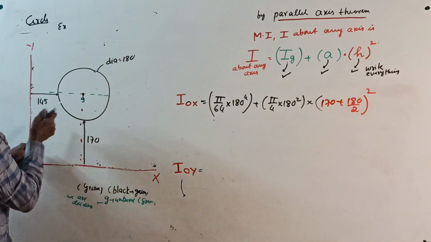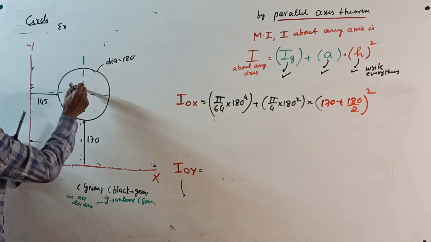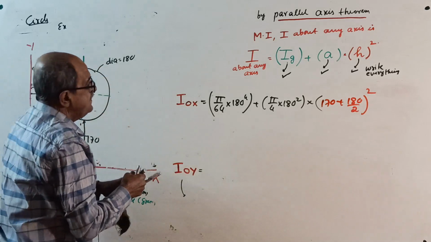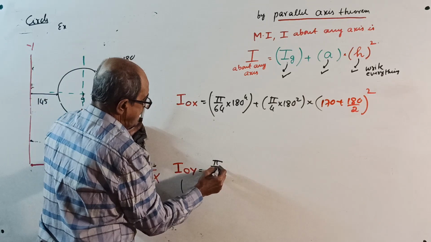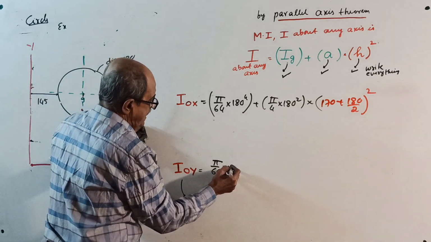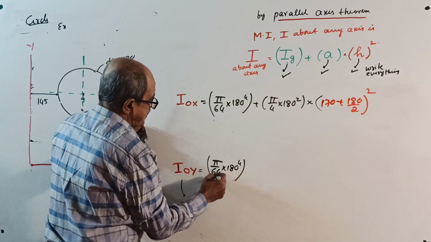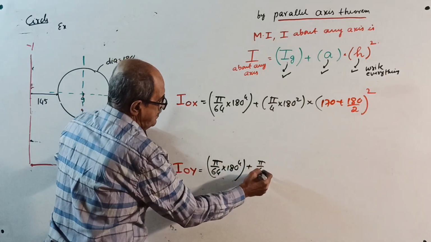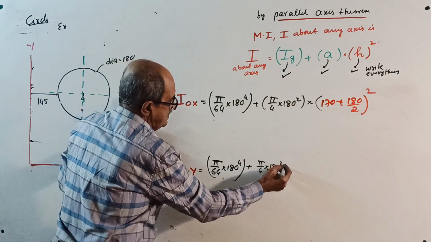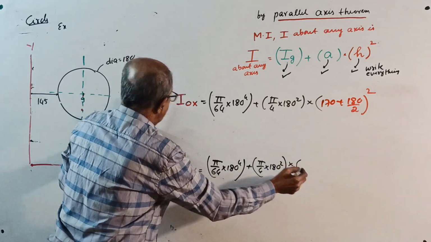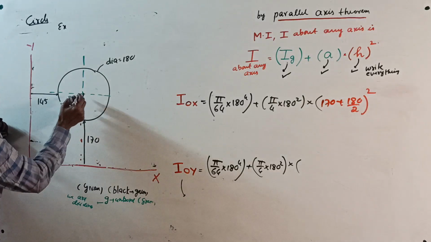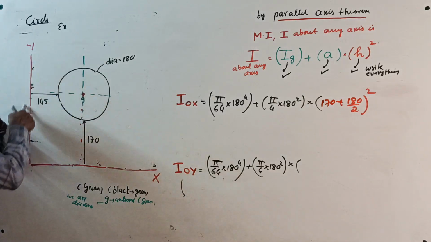Now IOY. First about its own centroidal axis here. Once again same. How much? 5 by 64 into 180 power 4 plus area, pi by 4 of 180 square is the area, into I about OY, you are doing from the centroid to this axis.